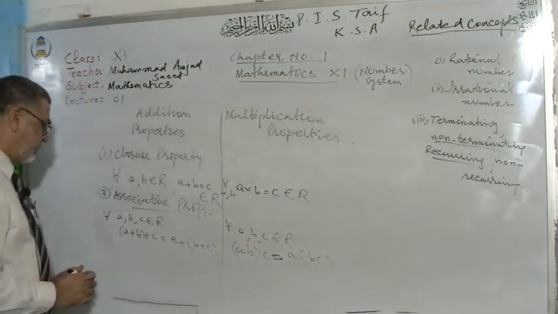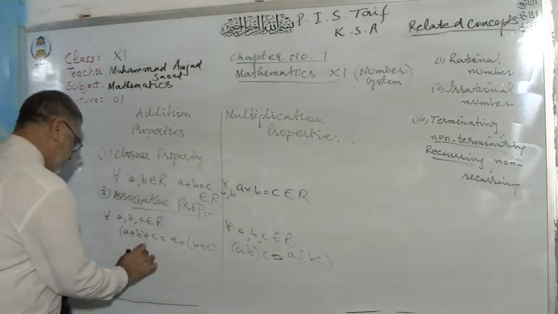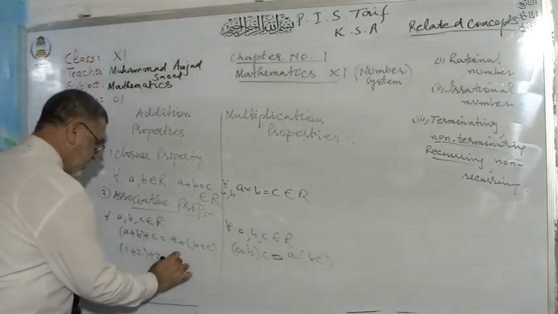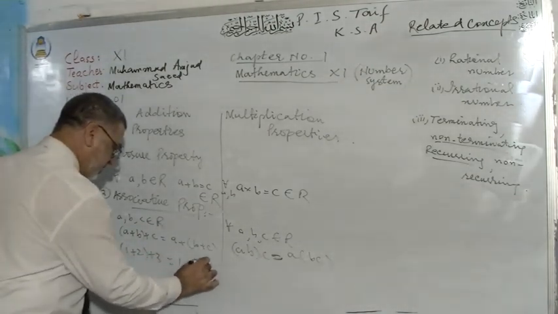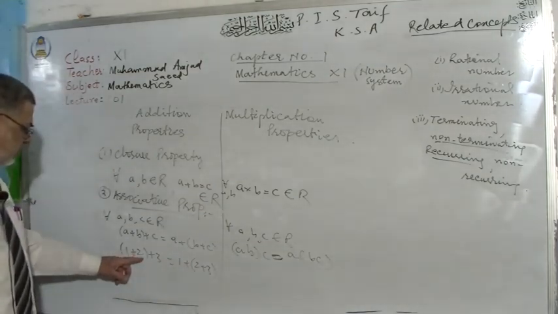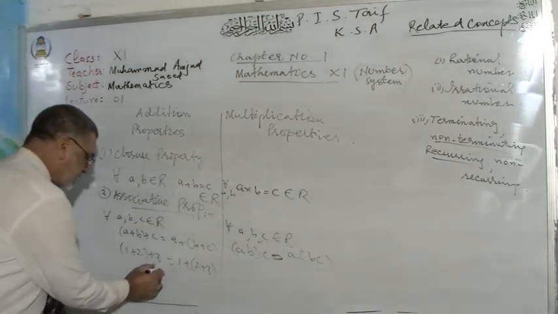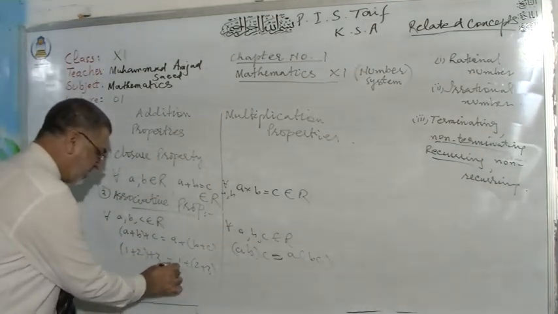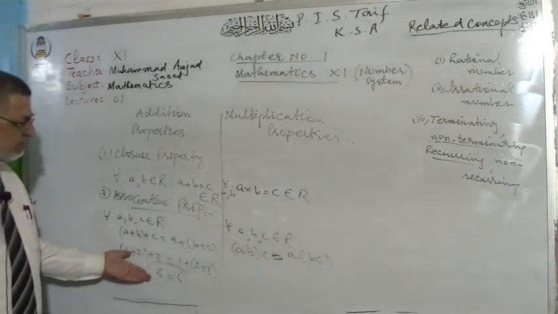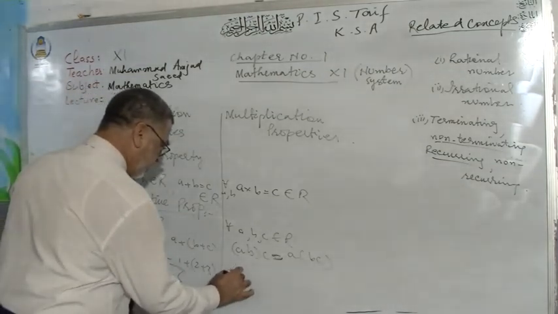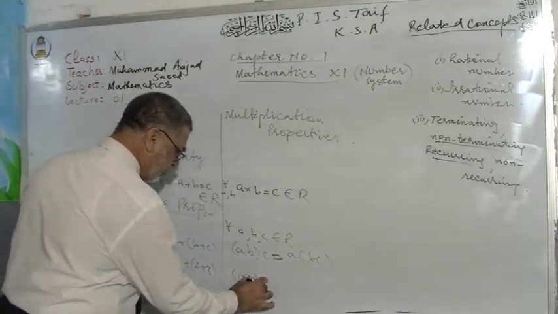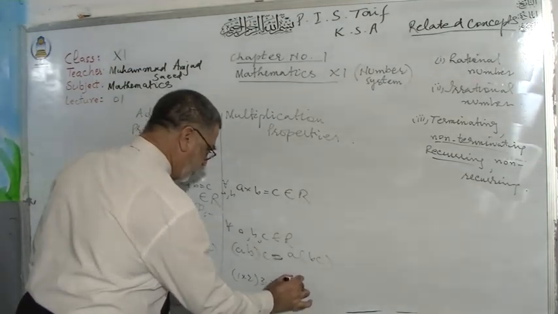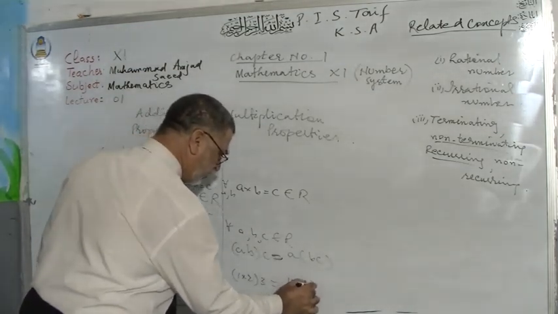For example, (1 plus 2) plus 3 is equal to 1 plus (2 plus 3). Suppose this is 1 plus 2, 3, plus 3 is 6, and here is 2 plus 3 is 5, 5 plus 1 is 6. So addition is satisfied. Similarly, (1 into 2) into 3 is equal to 1 into (2 into 3).